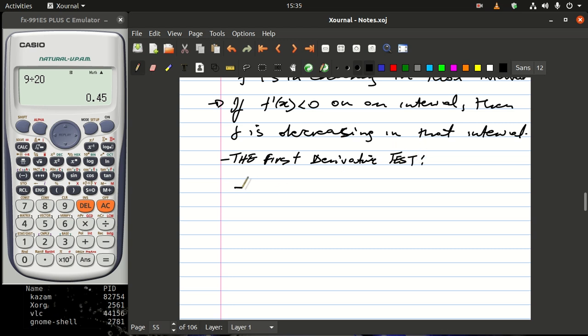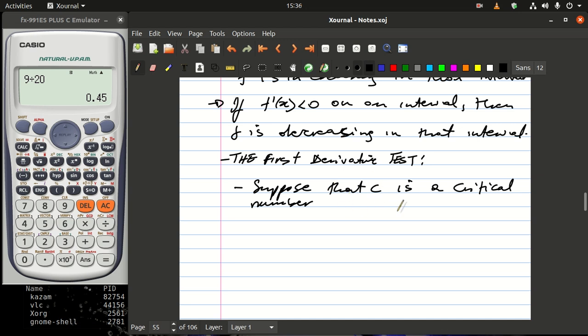So we said that suppose that C is a critical number, and we said the critical number is the x value whereby the first derivative is equal to 0, or it is undefined, or the first derivative does not exist.